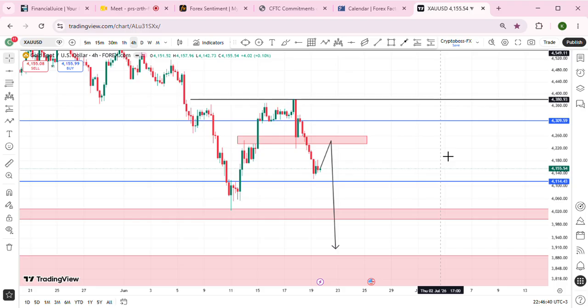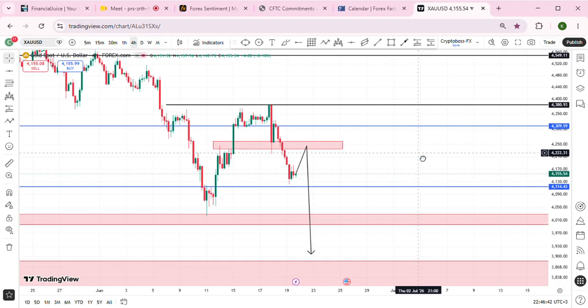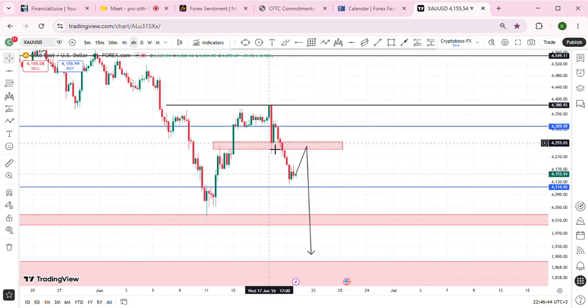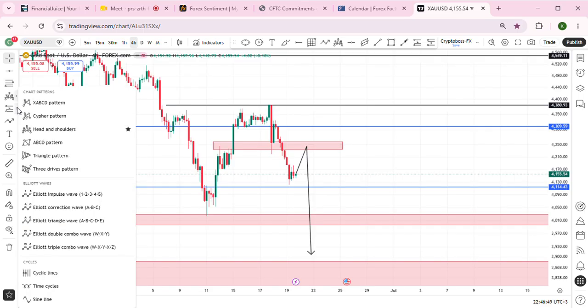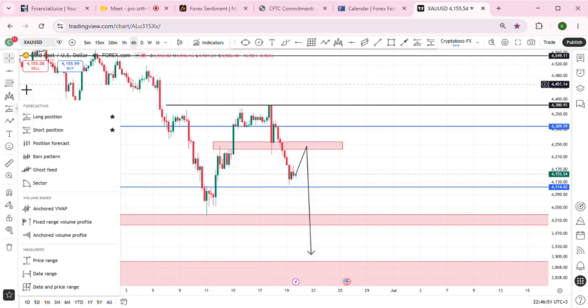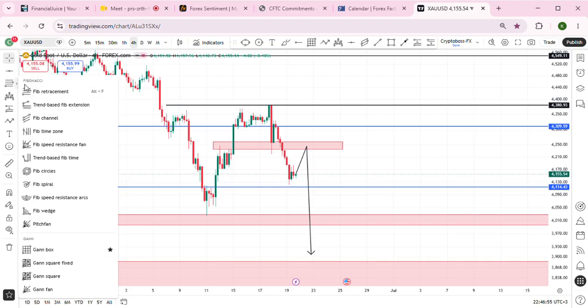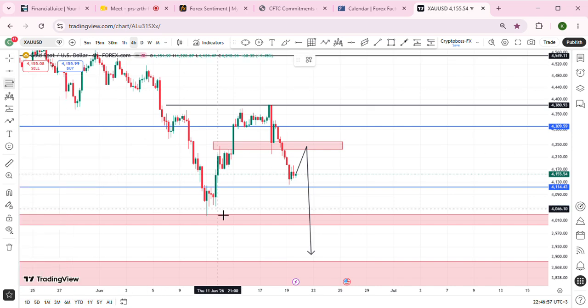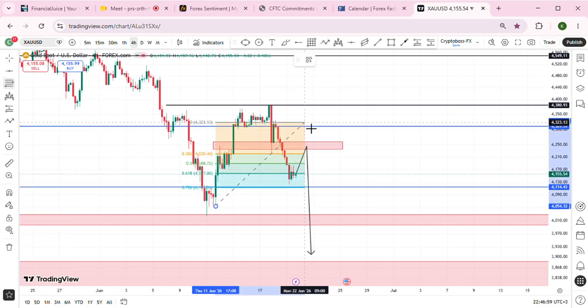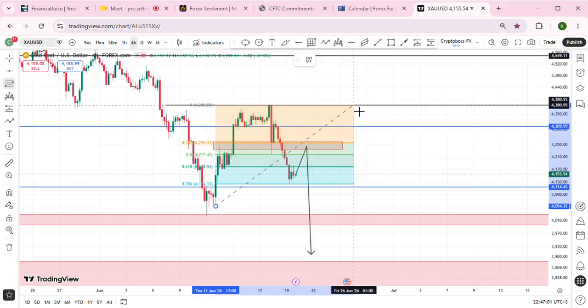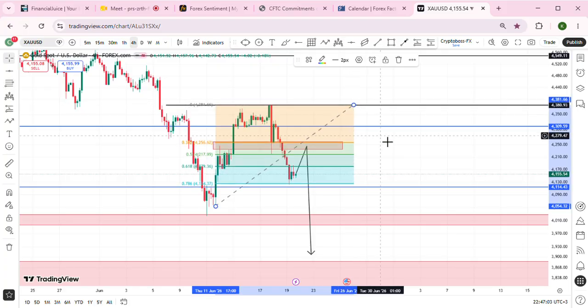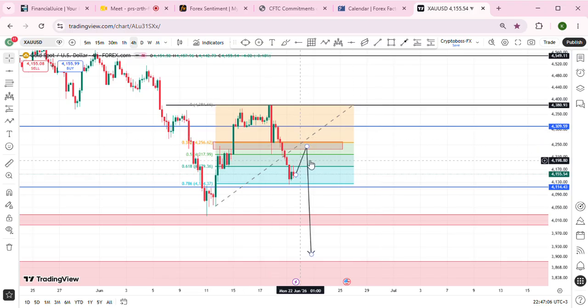So something we need to check on here. Let's see whether it's making sense. Where are you, Fib? From this low up to this high. Where is 0.5? You can see 0.5 is here.